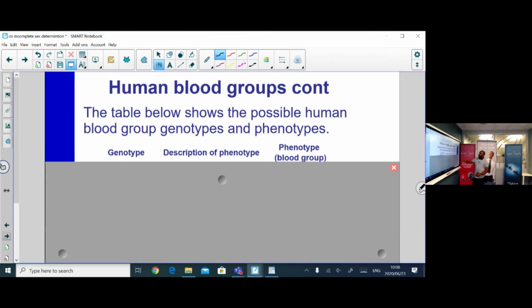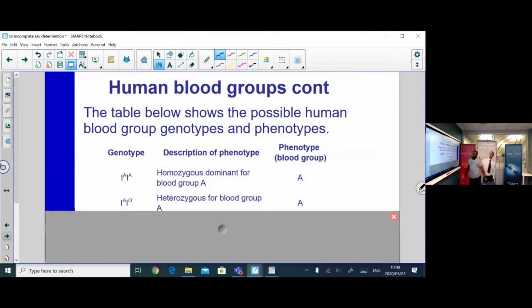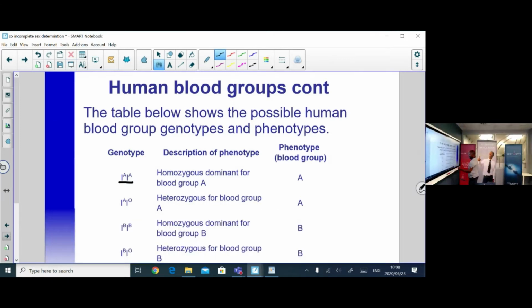We did human blood groups. I took you through the notation that we use in genetics when we are representing the genotype of blood group. It's very important. I said we use this notation, the I, and then our blood groups become superscript at the top. And then I said for blood group O, there we go.